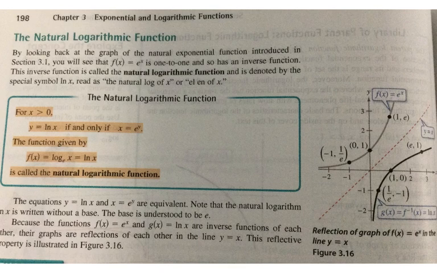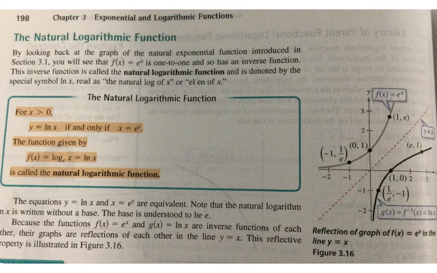A base of e, that's called our natural logarithm. So let's talk about that very quickly. If I had e to the x, and I wanted to rewrite it, I'm going to write this as log base e of the answer, so I'm going to call this y, log base e of y would be equal to x.